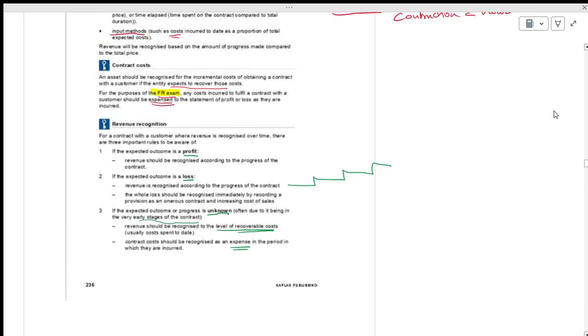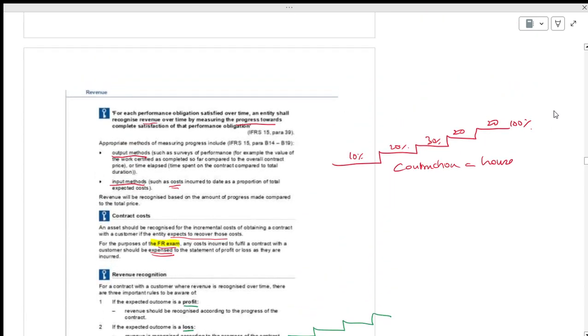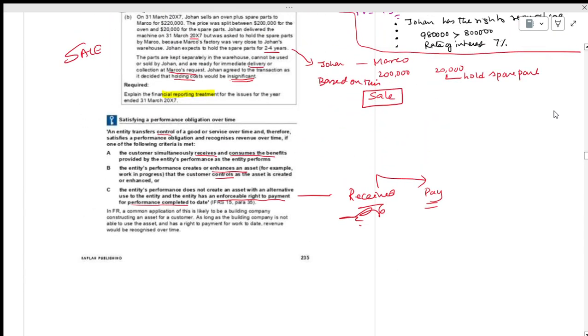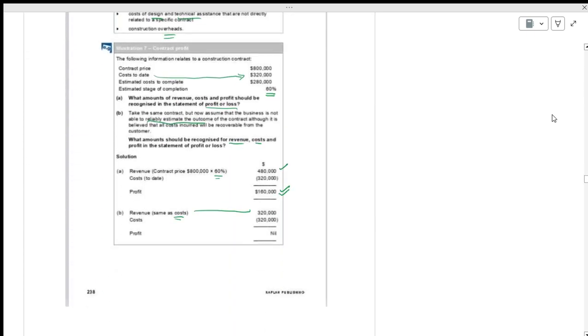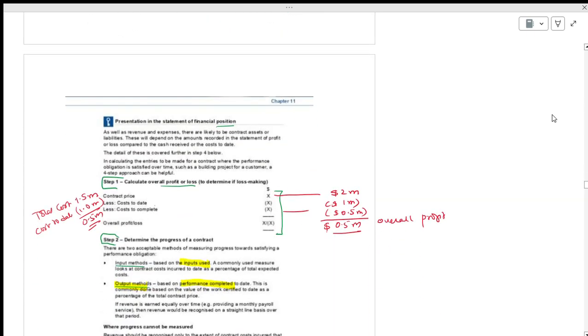Revenue recognition with respect to contract cost. How do you have to recognize it? When you are talking about the revenue recognition with respect to the contract cost, how does it have to be presented in the financial statements?